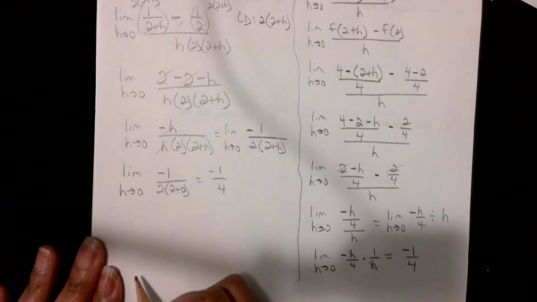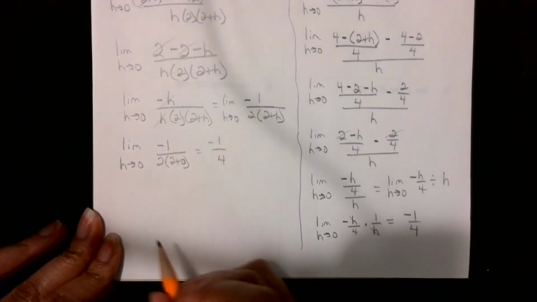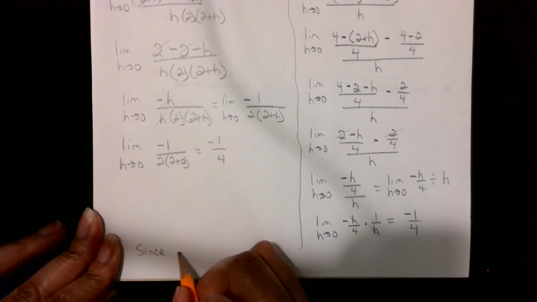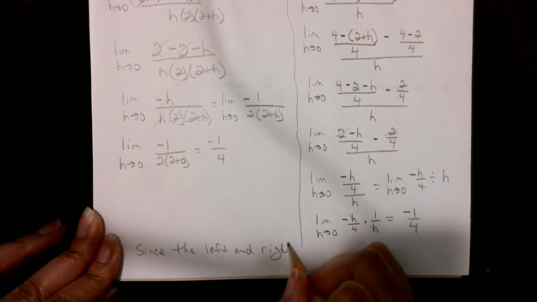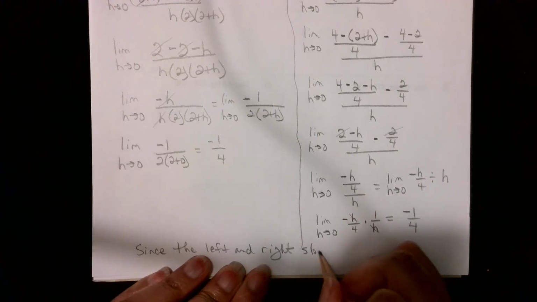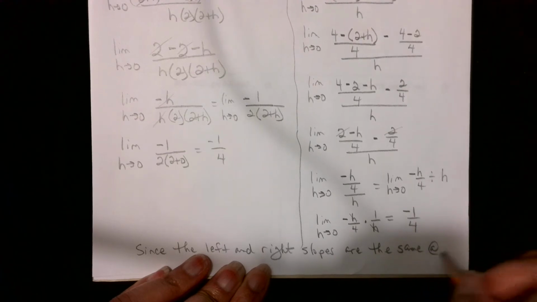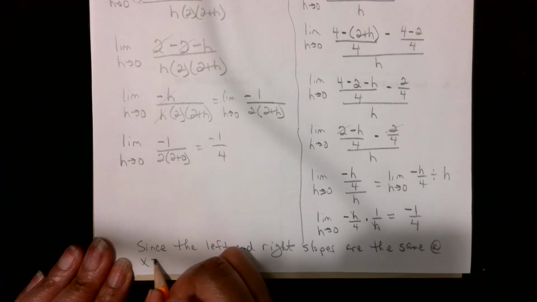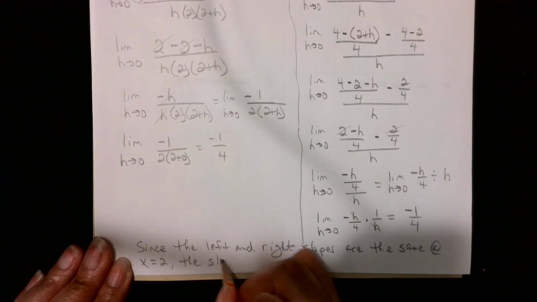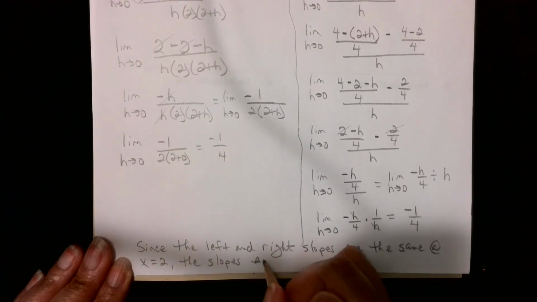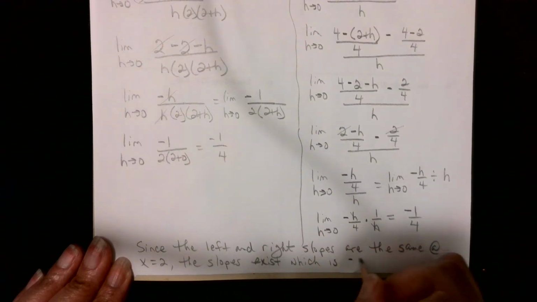Alright, and so you conclude, since the left and right slopes are the same at x equals 2, the slope exists, which is negative 1/4.